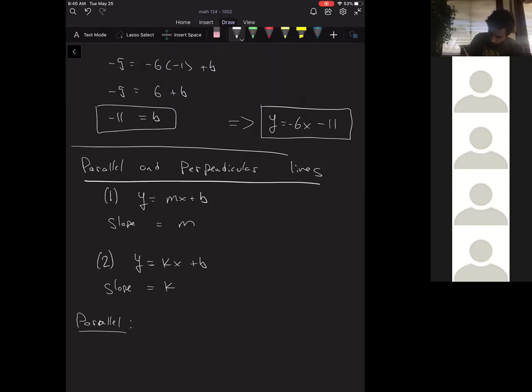So we say line 1 is parallel to line 2 if m is equal to k, meaning that the lines have the same slope.